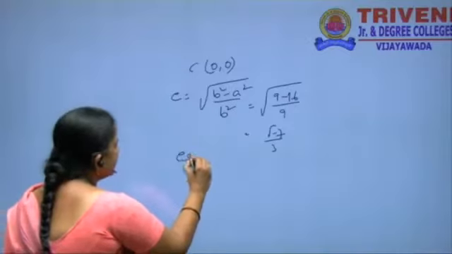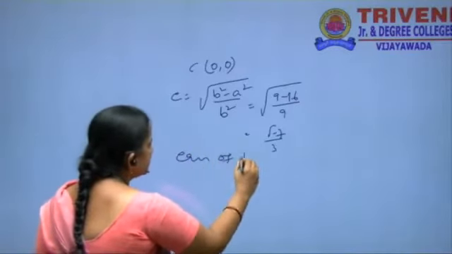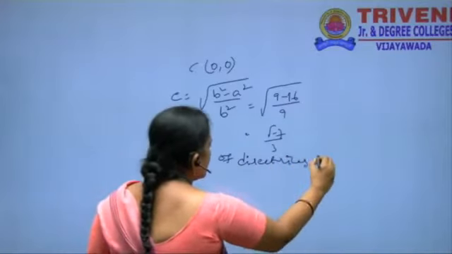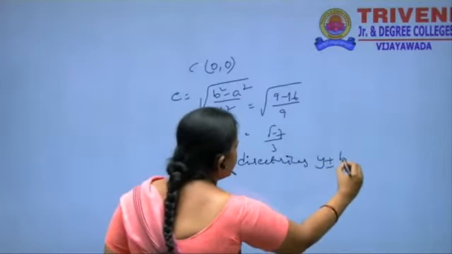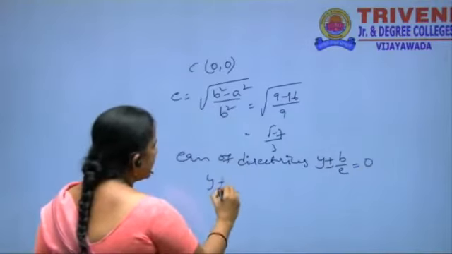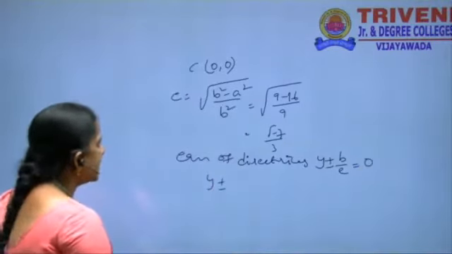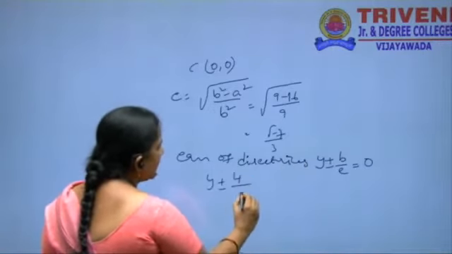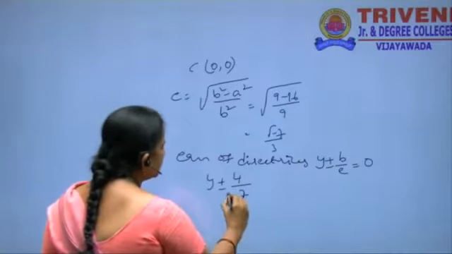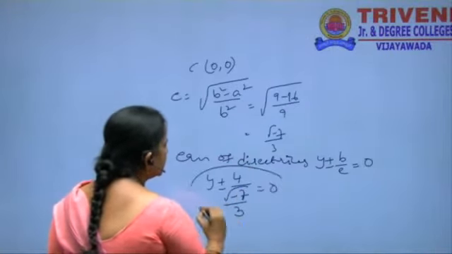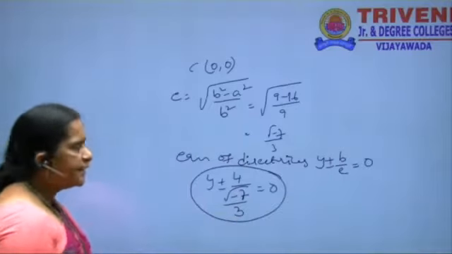Equation of the directrices is y plus or minus b by e is equal to 0. What is the value of b here? y plus or minus 4 by, here minus 7, root of minus 7 by 3, is equal to 0. This is the equation of the directrices.